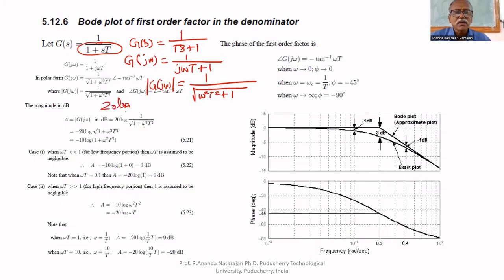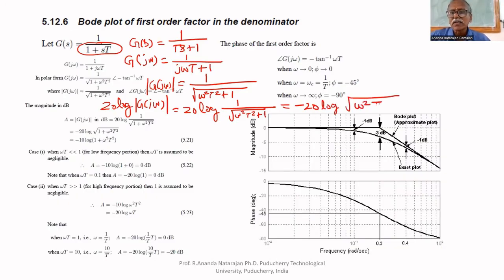That is 20 log modulus of G of j omega, equal to 20 log 1 by square root of omega square tau square plus 1, that is equal to minus 20 log square root of omega square tau square plus 1.